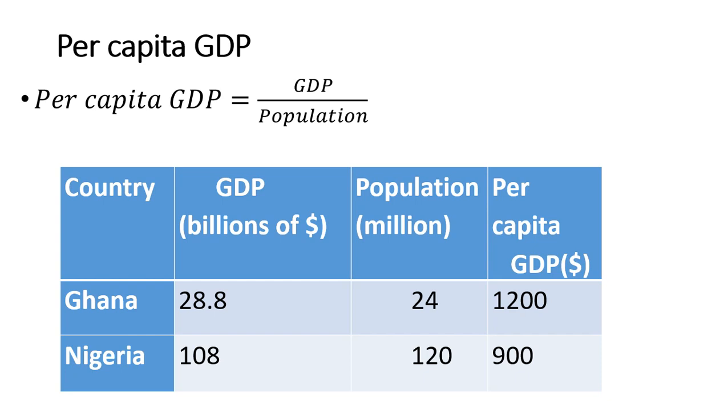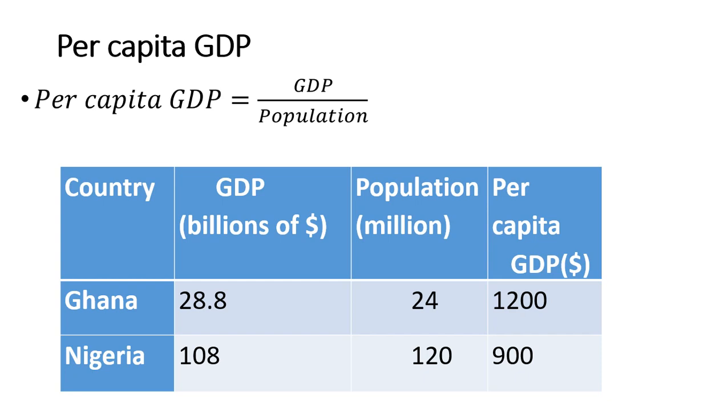Sometimes we can be misled into thinking that a country with a high GDP implies that citizens of that country enjoy better quality of life than others. But this may not be the case, because the GDP of a country takes some number of human beings to produce it.